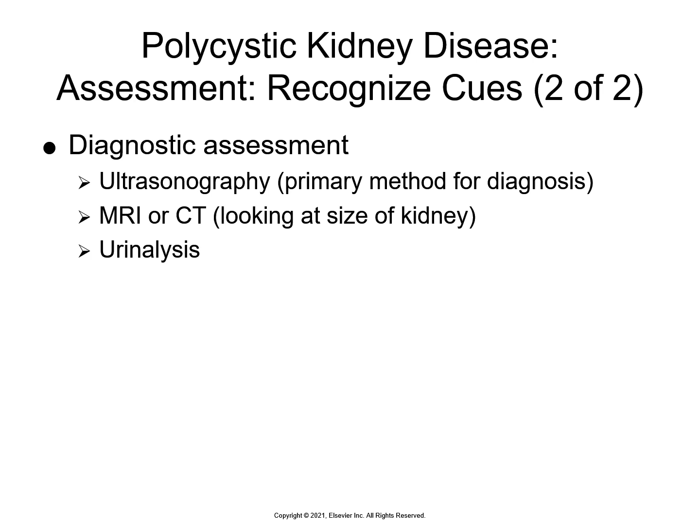Okay, we're going to look at the ultrasound. This is the primary method for diagnosing this. They will look for the size of the kidney. They may use the ultrasound or the MRI or a CT scan.